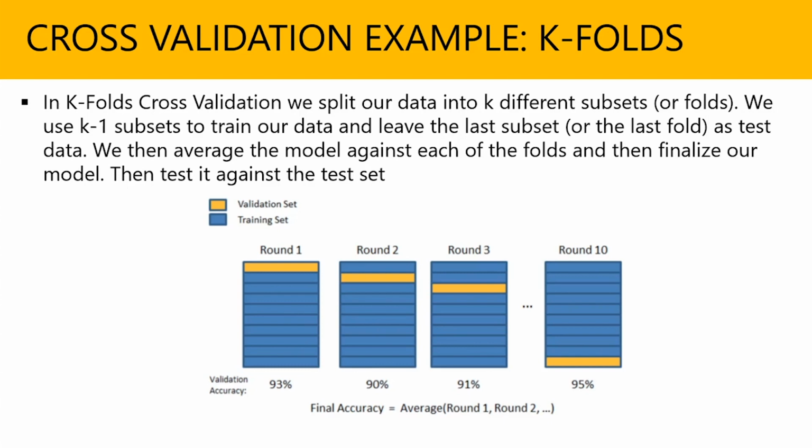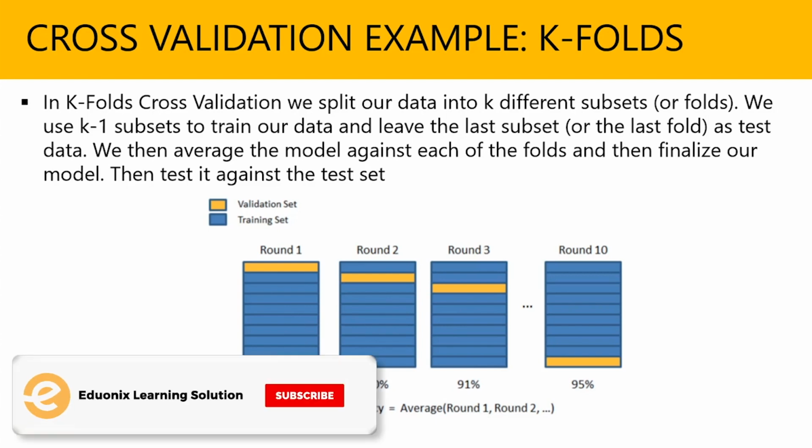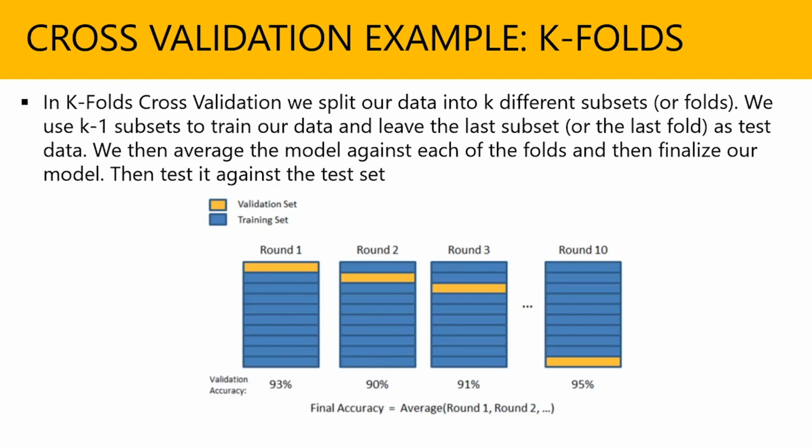Once you've done that, you can average the model against each of the folds and then finalize the model itself. Then test it again against the test set. So it's a process you have to go through, making sure that your data is cross-validated and prepared perfectly for your machine learning problem.